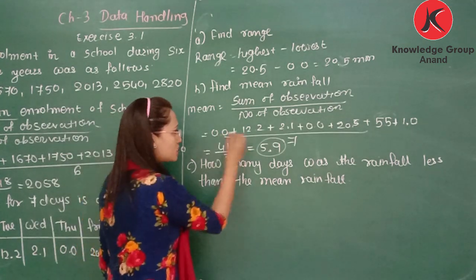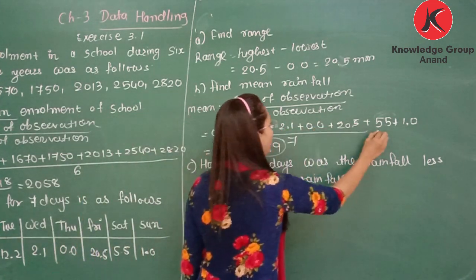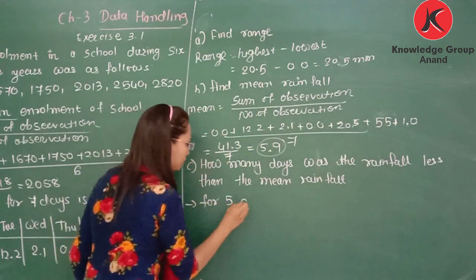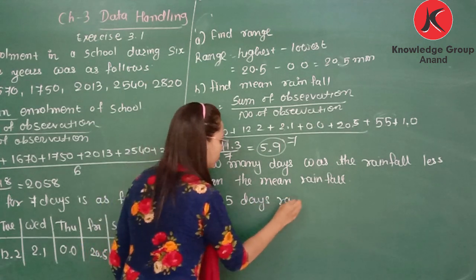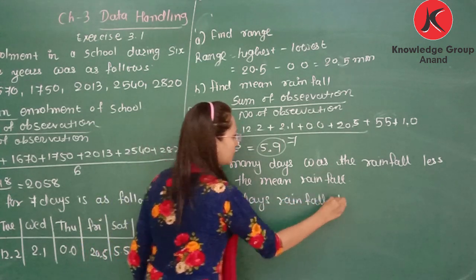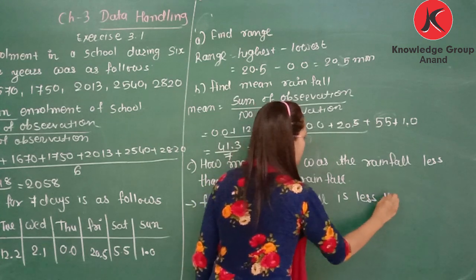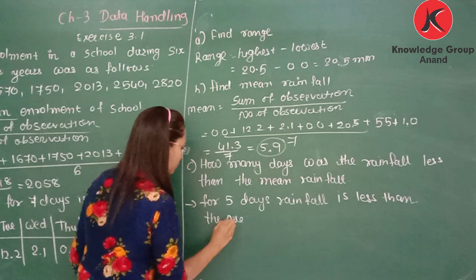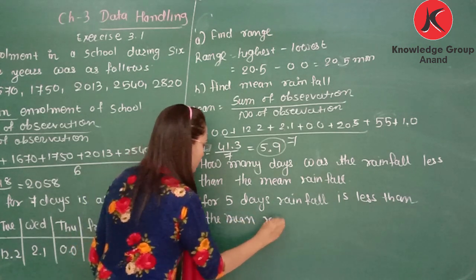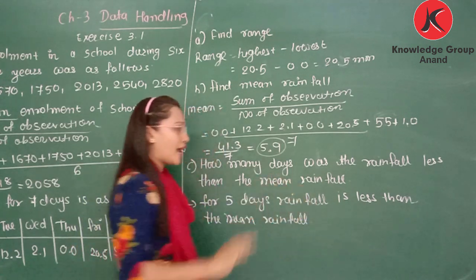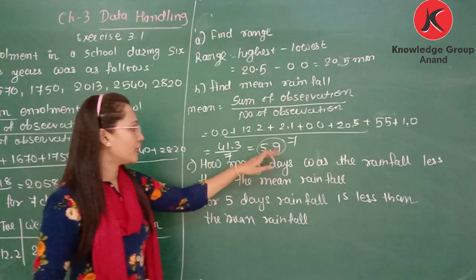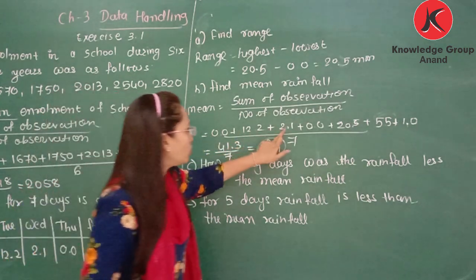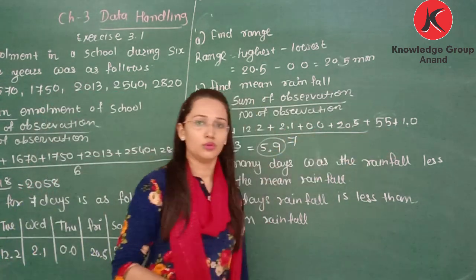So for first, second, third, fourth and fifth, means for 5 days the rainfall is less than the mean rainfall. Okay, 5 days rainfall is less than 5.9: 1, 2, 3, 4 and 5. Clear?